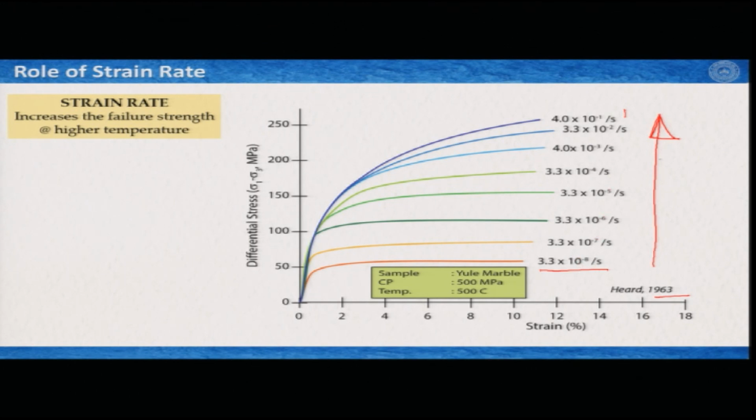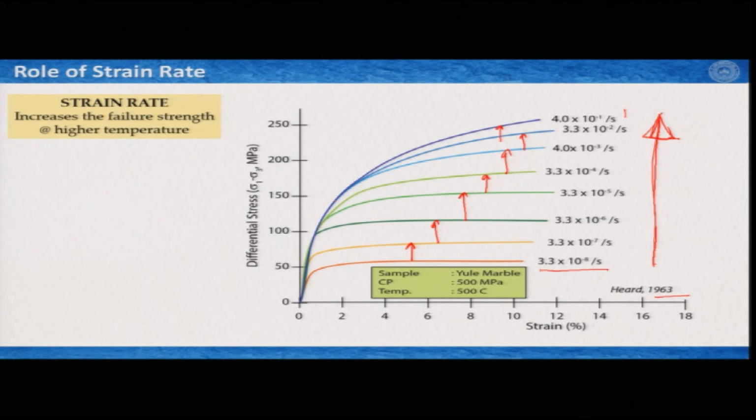So, one can change the order of magnitude in an experiment, and this is how the strain rate has increased. Clearly from all these curves we can see that with increasing strain rate, at each and every step, the flow strength or flow stress of this rock, this Yule marble, has increased.